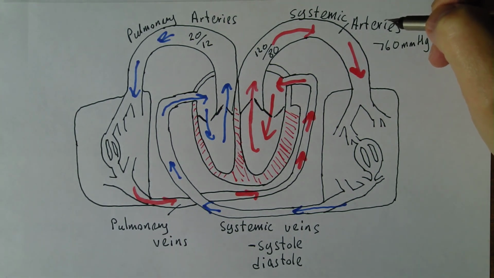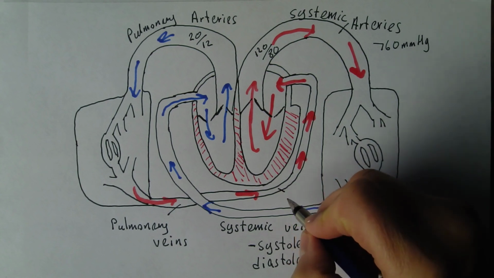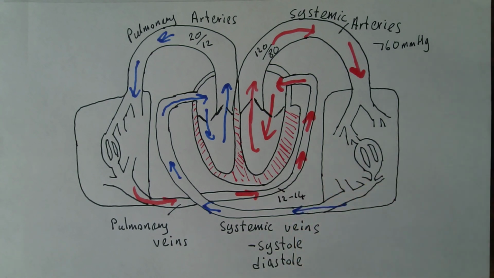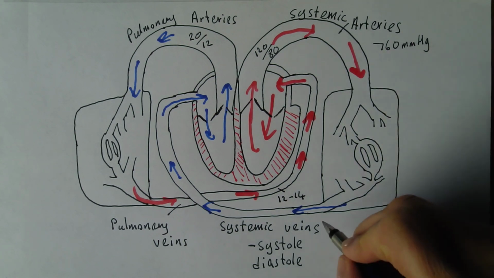And we can also put pressure figures on the veins. So, for example, in the pulmonary veins, the pressure here might be 12 to 14 millimetres of mercury. All these pressures are millimetres of mercury.